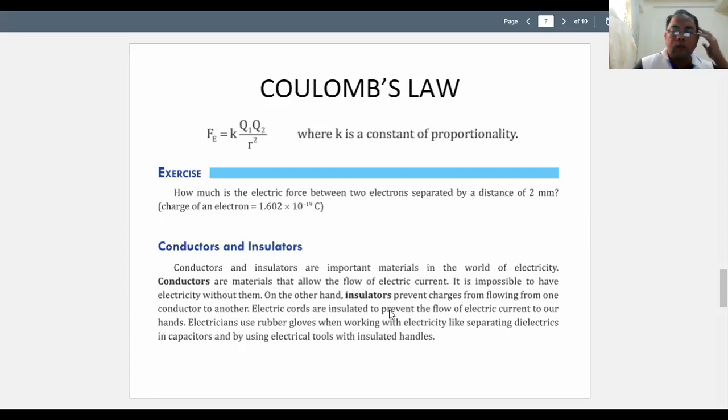Usually, the other word they use for insulators is dielectrics. Dielectrics are materials that are able to be charged. We learned last time that plastics, rubber, and glass are materials capable of being charged. Sometimes they call them dielectrics.